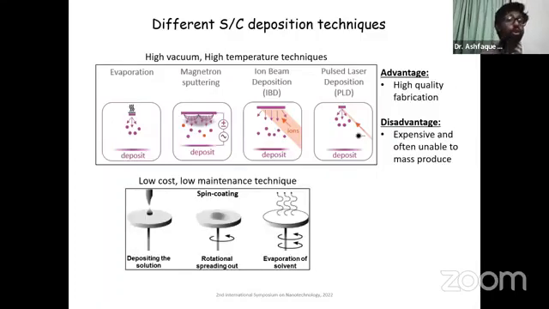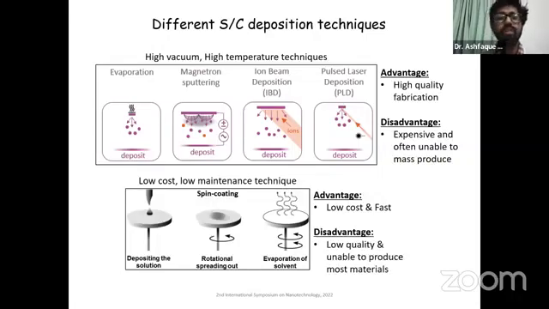So there are low cost, low maintenance techniques as well. Spin coating is one of them. If I talk about the advantages of it, of course, the low cost and the quick nature of it is good. But at the same time, the quality of the material is not very satisfactory.